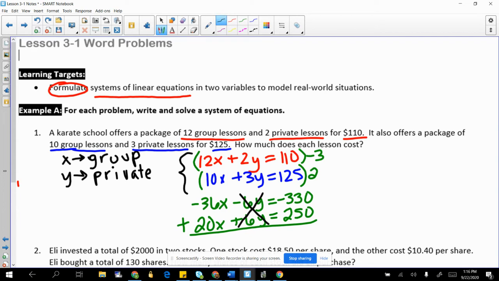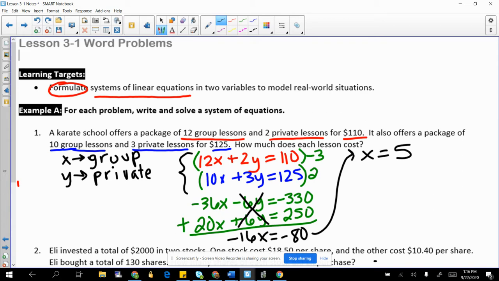So this would be -36x plus 20x is a -16x. And then -330 plus 250 is a -80. So when we go ahead and divide by 16 on both sides, we get x equals 5.